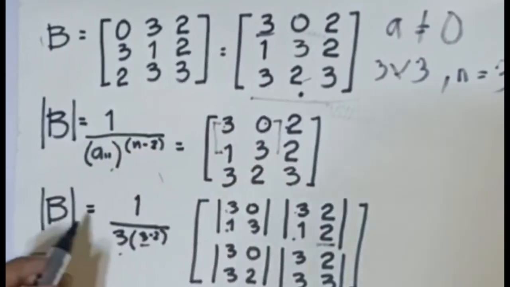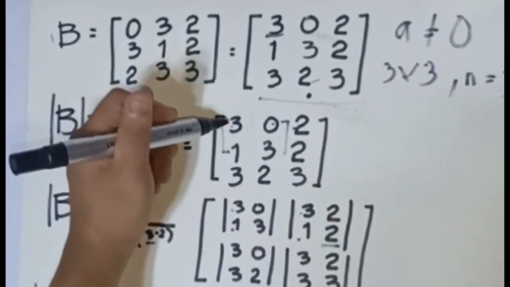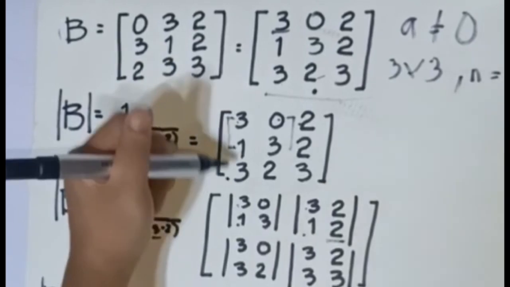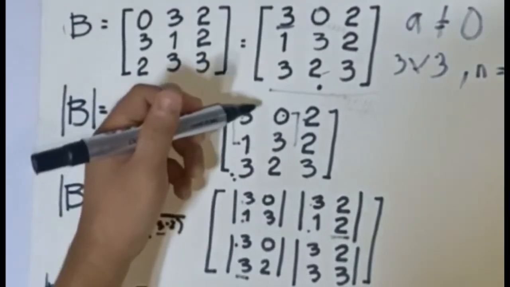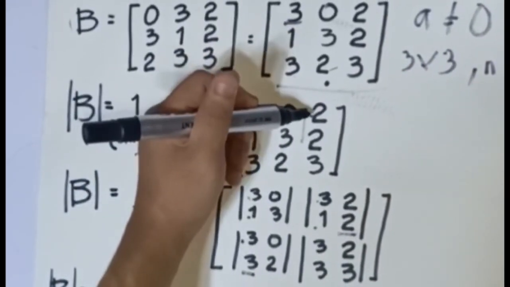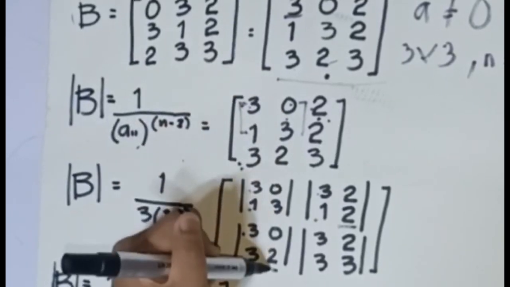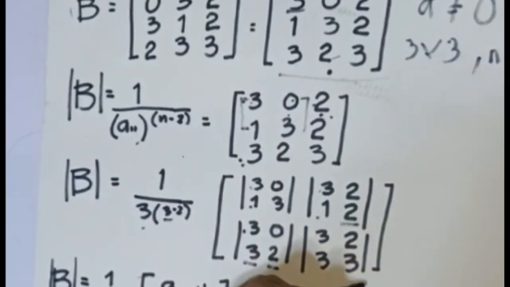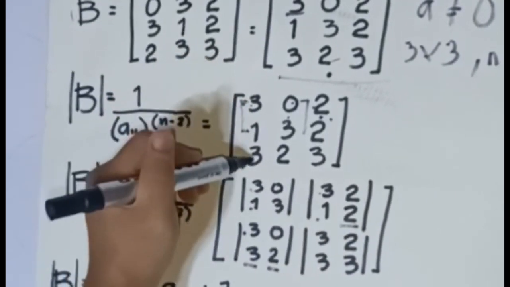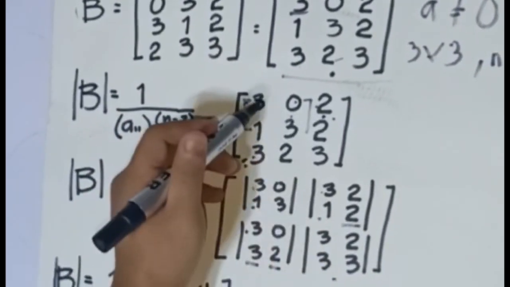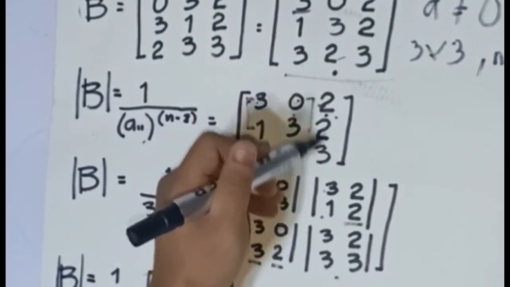For the third group, we will use the first and third row of the first column, which is 3, 3, and the third row of the first and third column, which is 0 and 2. And then for the fourth group, we will use the first and third row, which is 3 and 3, and the third column of the first and third row, which is 2 and 3.